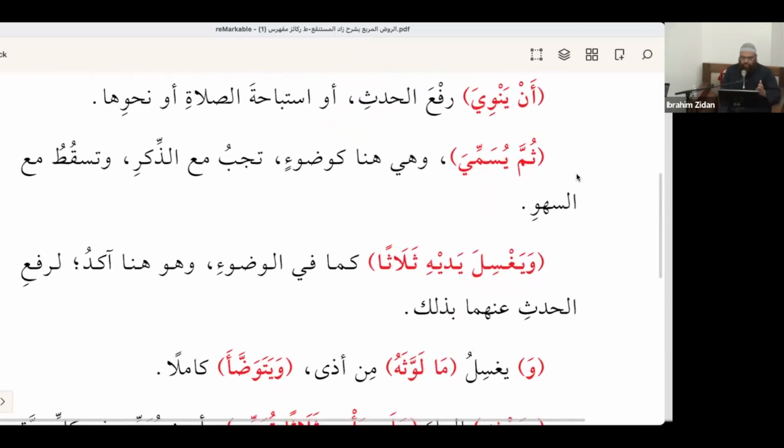Say for example someone is making ghusl so that he can recite Quran. He's not able to because he's in a state of janaba. And if he makes the ghusl for that, that is sufficient for the Quran and for the salah and for everything. And there are some details when it comes to the niyyah, what exactly the person is making the niyyah for. But this is not the context for talking about the differences of opinions.